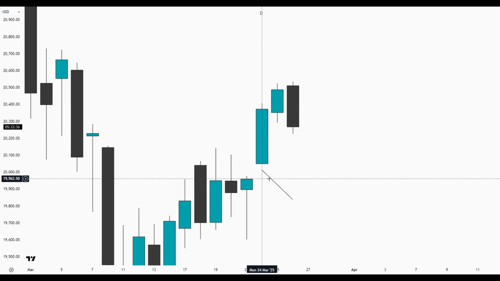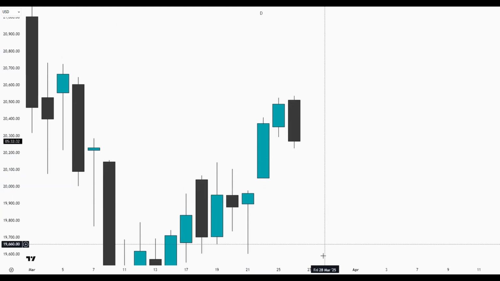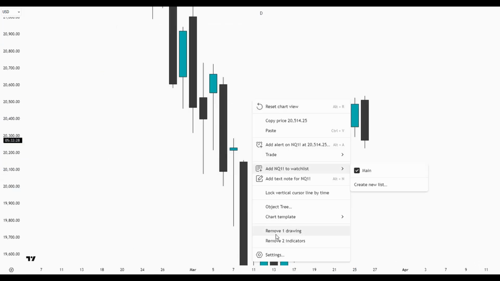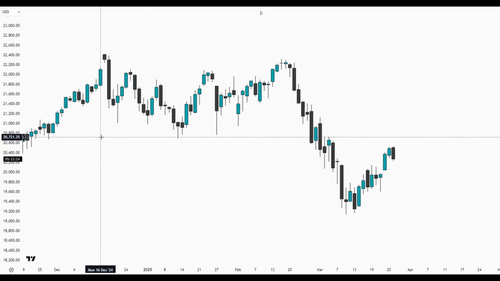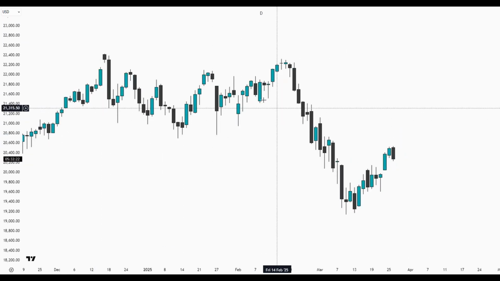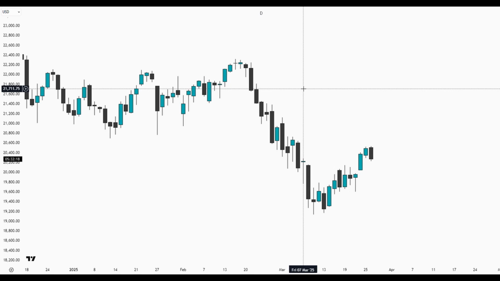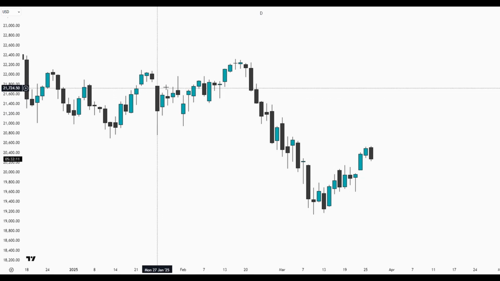Look at this candle right here, the candle of Monday. The candle of Monday opened up with no wick. Now, if you zoom out, how many times has price done that? On Monday, it did it here, but it ended up during the week creating that wick.